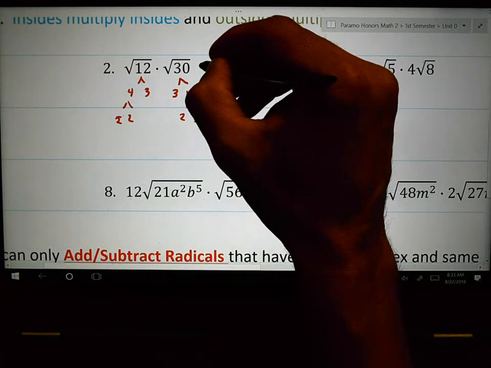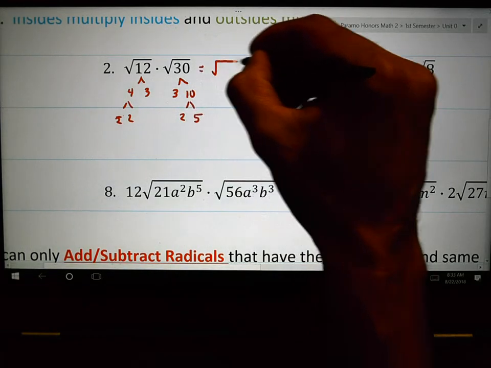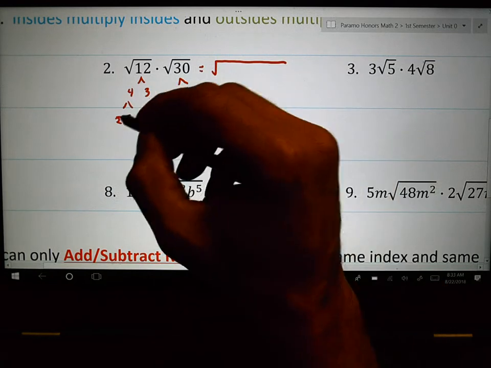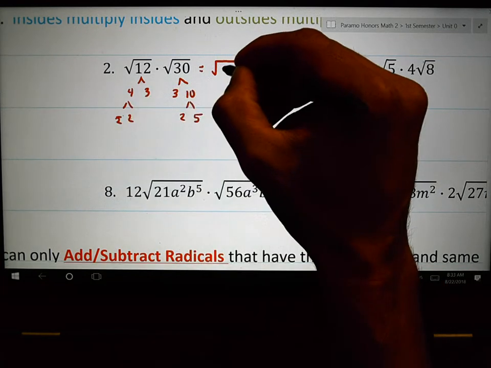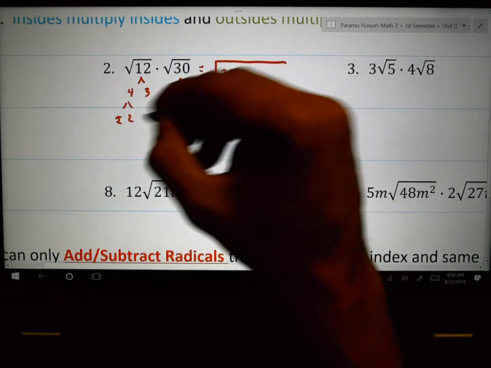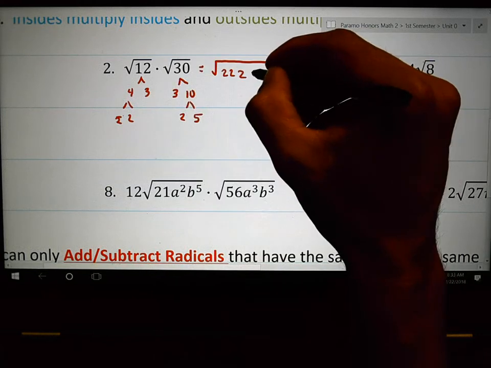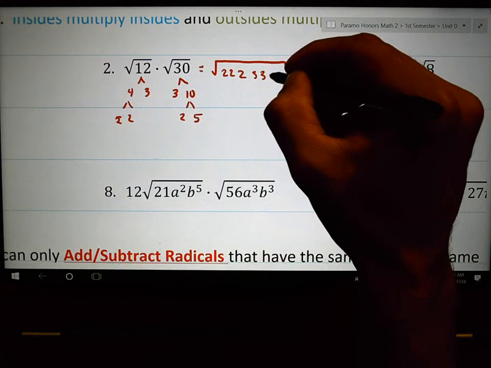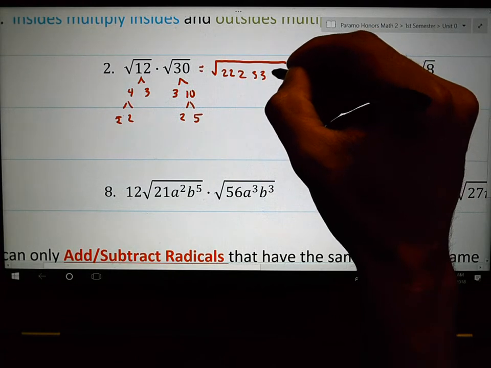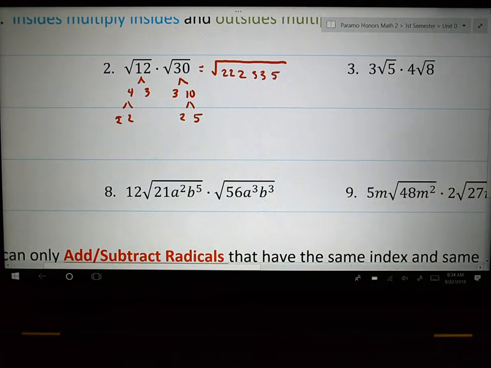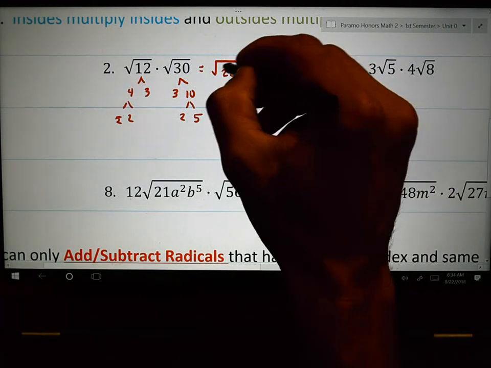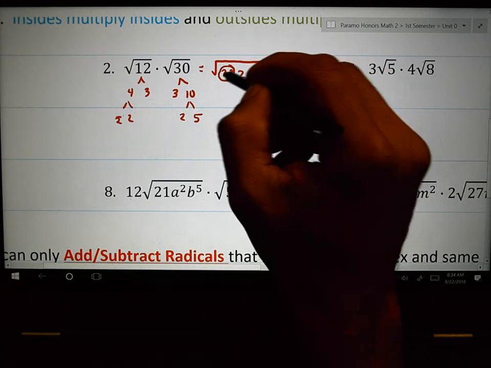And so if I think about all these insides, technically the insides multiply the insides. I have a 2, a 2, another 2, another 2, a 3 and a 3, and a 5. And we're looking for a square root. We're looking for 2 factors that are the same. I see one pair of 2s.